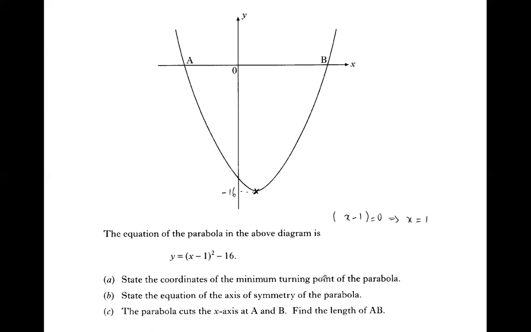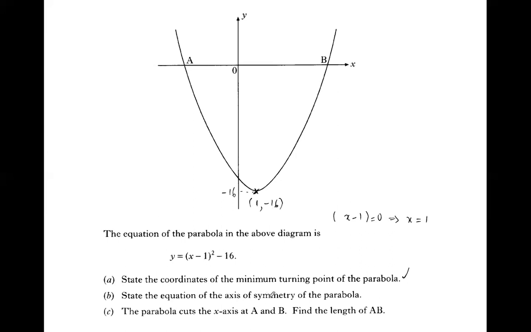So the coordinate of the minimum turning point is 1, negative 16. X minus 1 is 0, meaning x equals 1, and when x equals 1, I've got negative 16. So that would be your first mark. Okay, so some people can just read it from the formula straight away, or you can just say, okay, this is a turning point. It happens when this quantity here is 0.